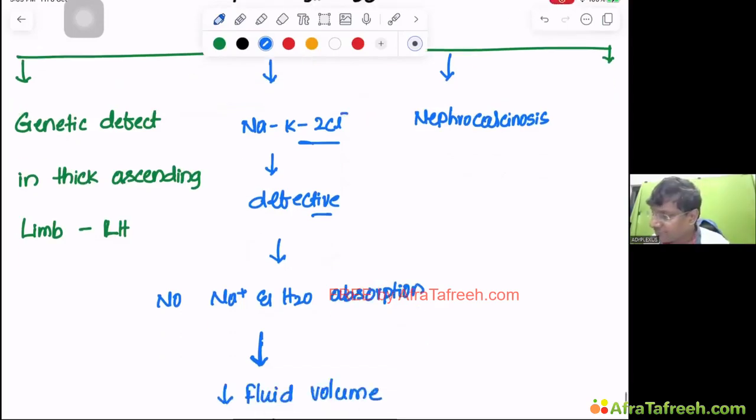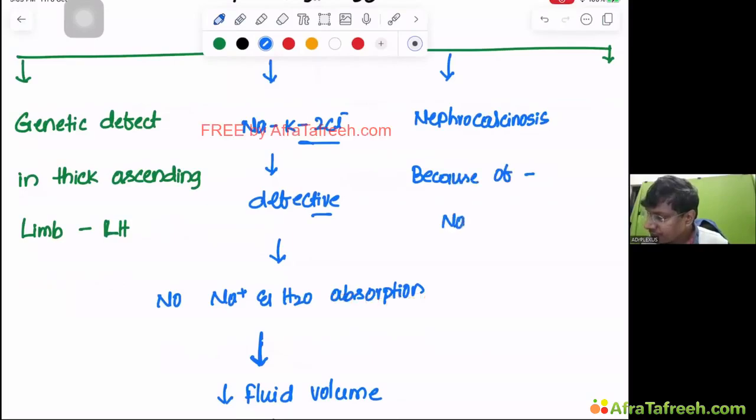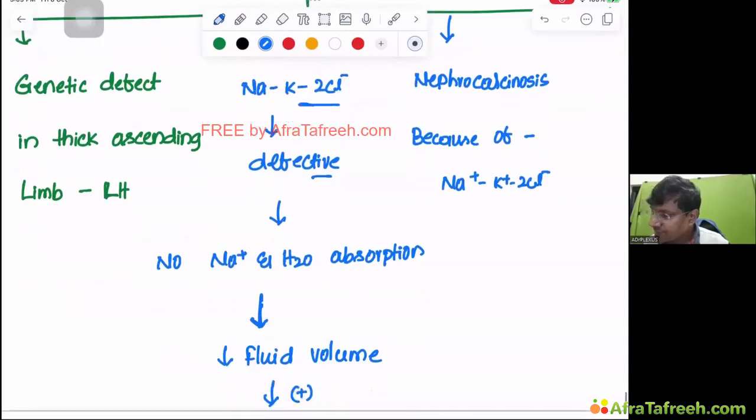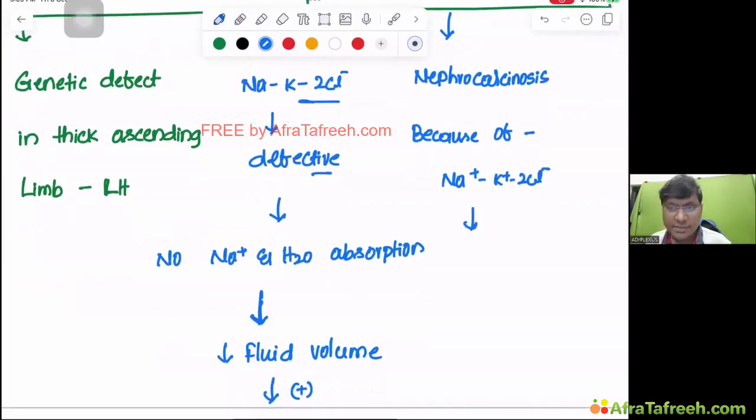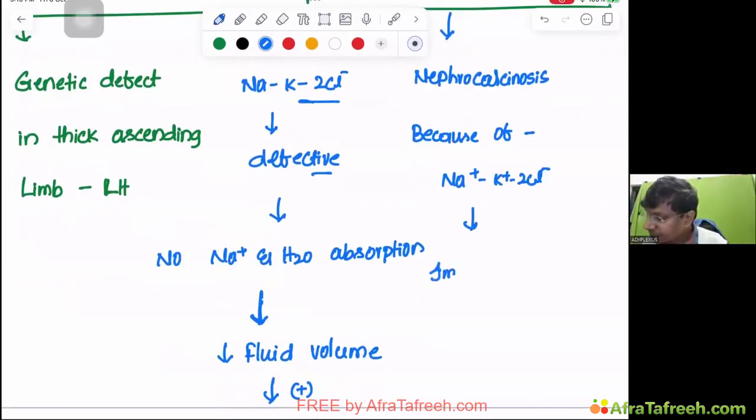Okay. Why there is nephrocalcinosis is because of the defect in the sodium, potassium, and 2 chloride channel. There is impairment of the electrochemical gradient.